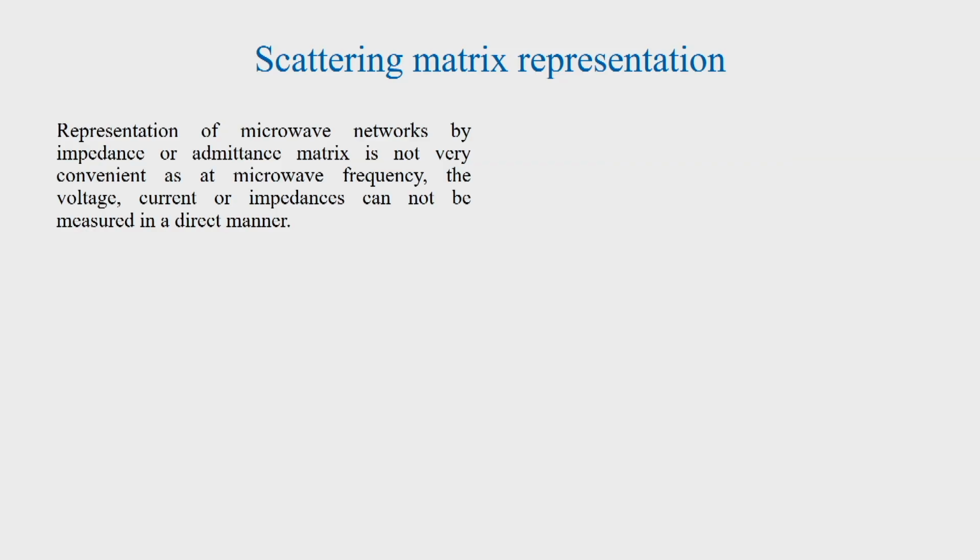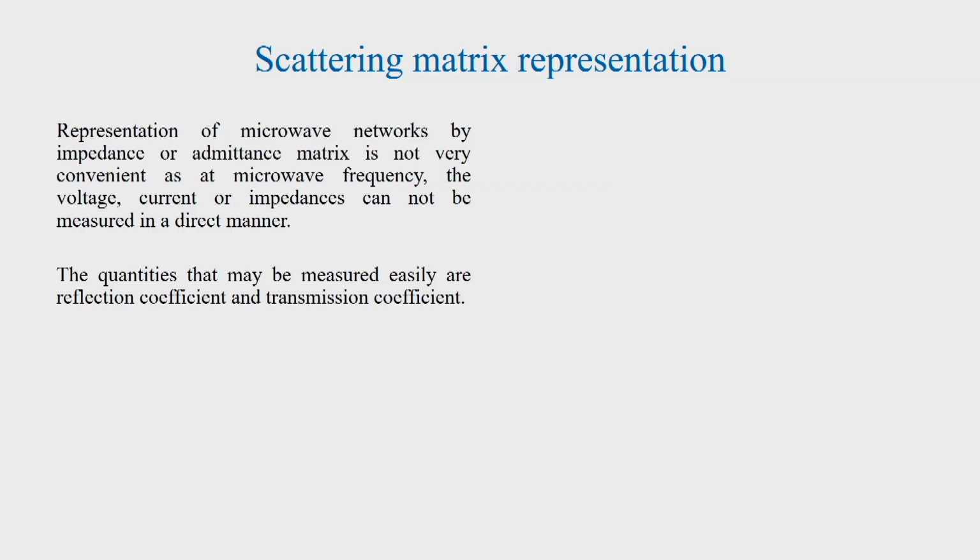We now consider the scattering matrix representation of microwave networks. Representation of microwave networks by impedance or admittance matrix is not very convenient, as at microwave frequency the voltage, current or impedances cannot be measured in a direct manner.